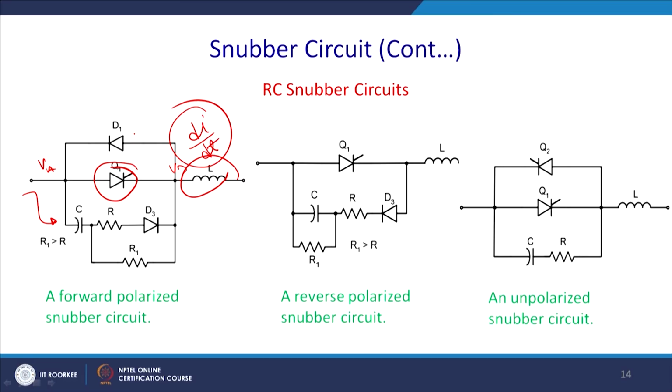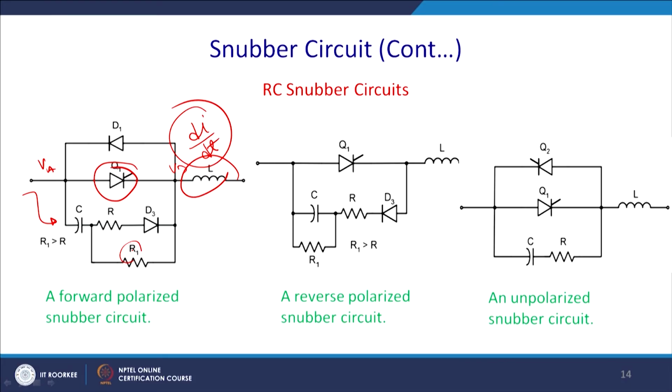And while turning off, this capacitor will ensure that current flows through it via R1, and ultimately the capacitor gets charged in a reverse manner, and it will ensure relief from dv/dt.